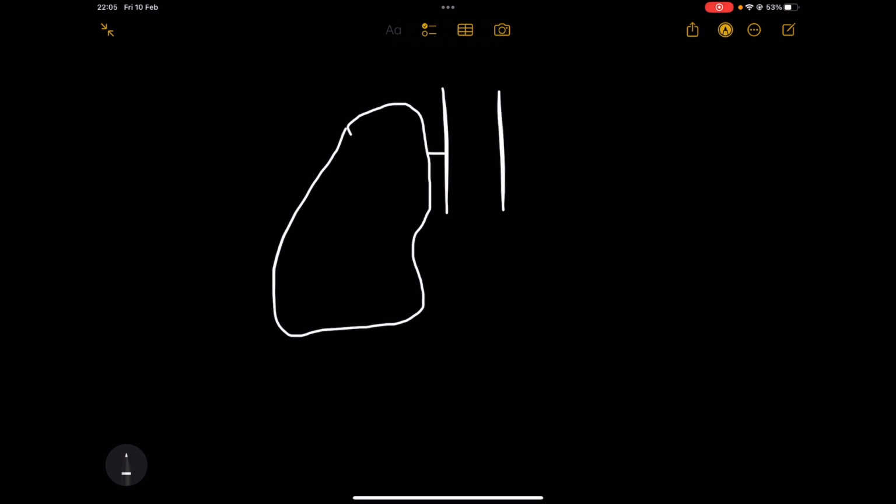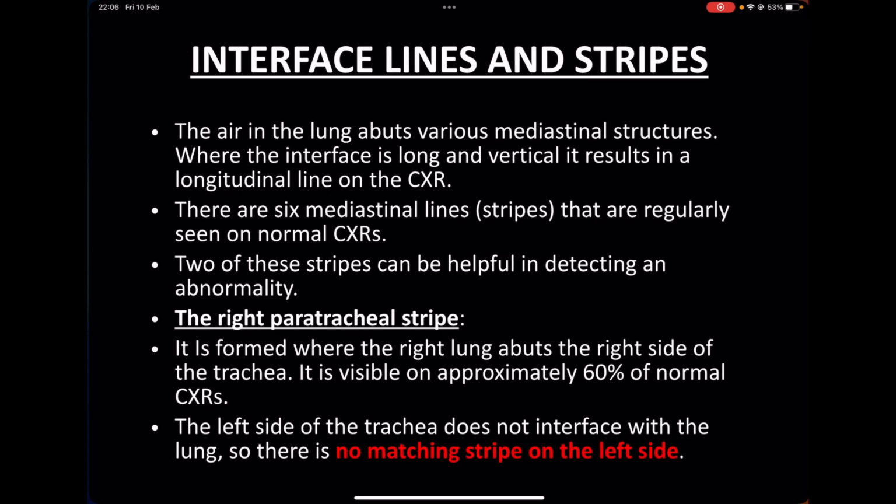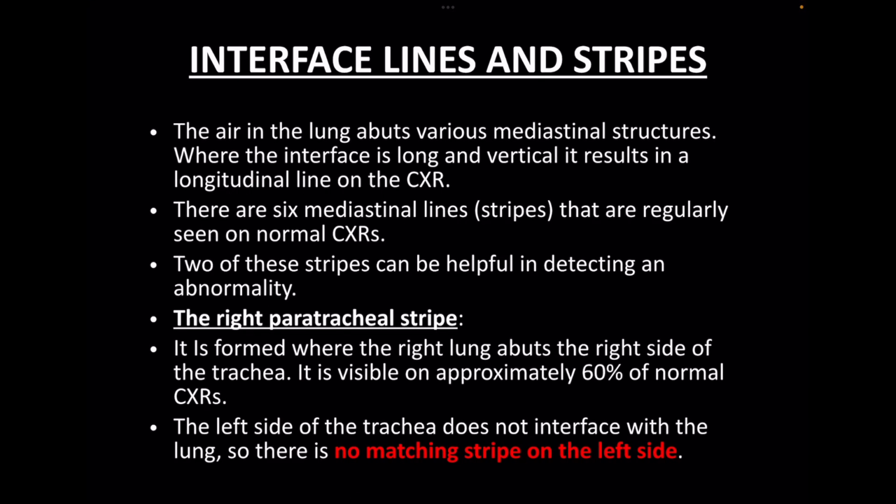So this gap between the trachea and the lung, on the right side, is called the right paratracheal stripe, beside the trachea.